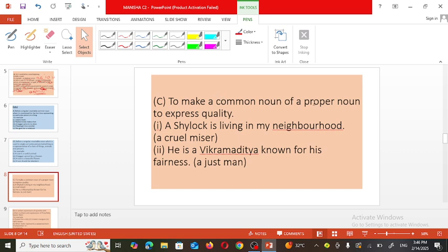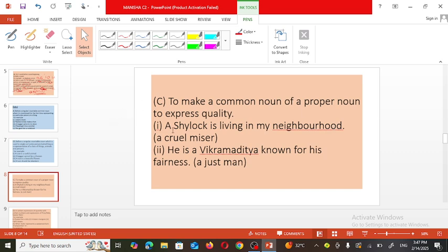To make a common noun of a proper noun to express quality. What do you mean by that? To make a common noun of a proper noun. We will understand this with the help of an example. A Sherlock is living in my neighborhood. Sorry, a skylark is living in my neighborhood.